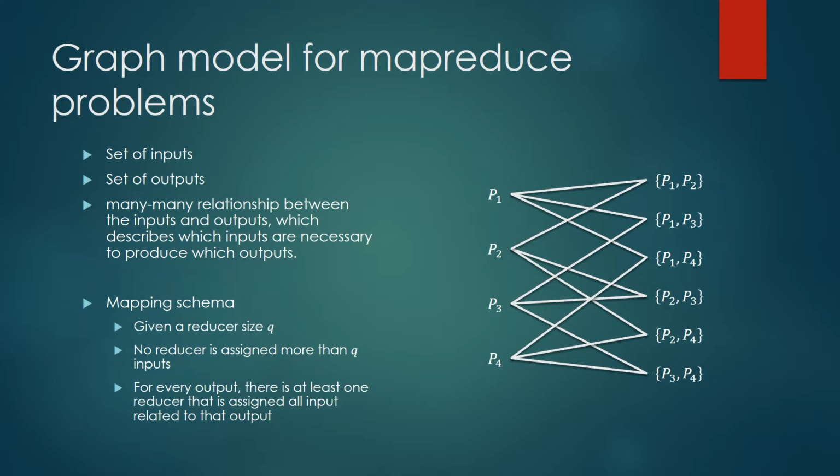Just a quick refresher. So, like I said here, you start with an assumption that you have specified a reducer size Q, and that's the maximum that any of your reducers can get. And this is a very subtle point, but you should understand that for every output, there is at least one reducer that is assigned all input related to that output.